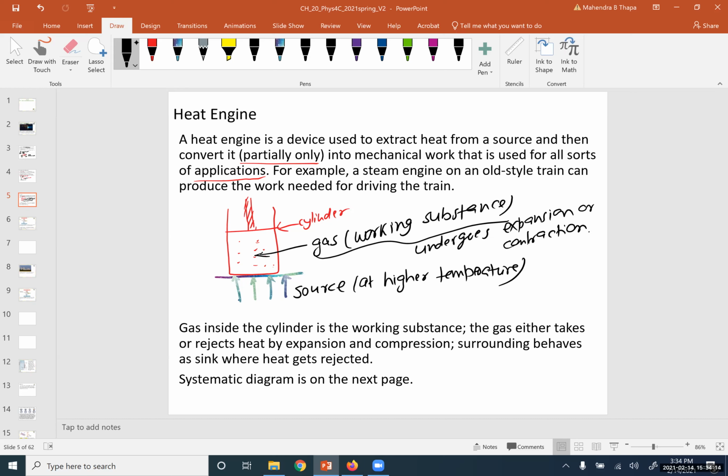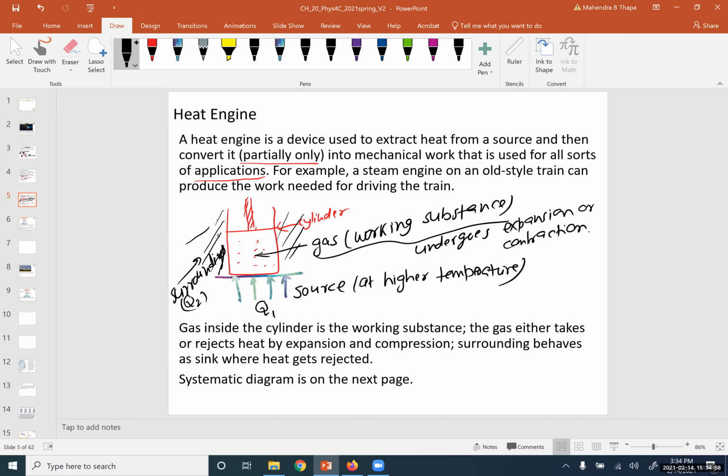Some of the heat goes into the atmosphere just outside. This region outside is called the surroundings. So if we supply heat Q1, the surroundings could receive the heat Q2.